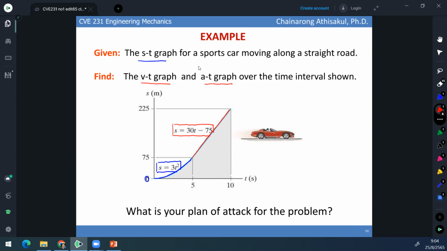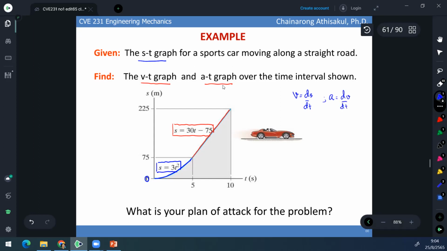To plot the v-t graph and a-t graph, we recall the relationships that we already know. The kinematic equations are v equal to dS by dt and a equal to dV by dt.